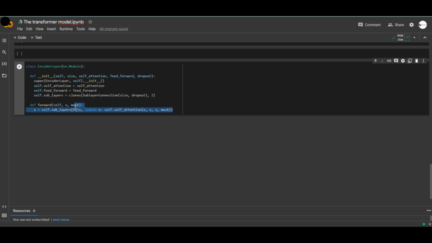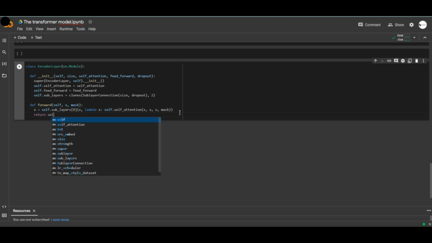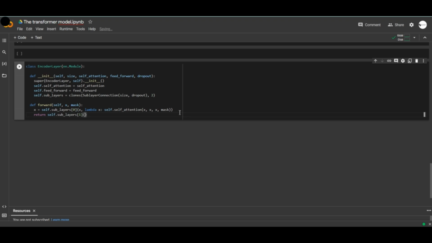So here what I'm saying is that within the sub layers, at position 0 we add in this attention, and then at position 1, self.sublayer is doing the same thing, just that now at position 1 we want to say x, self.feed_forward.